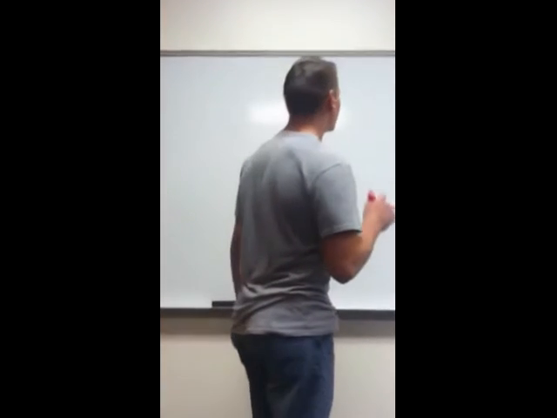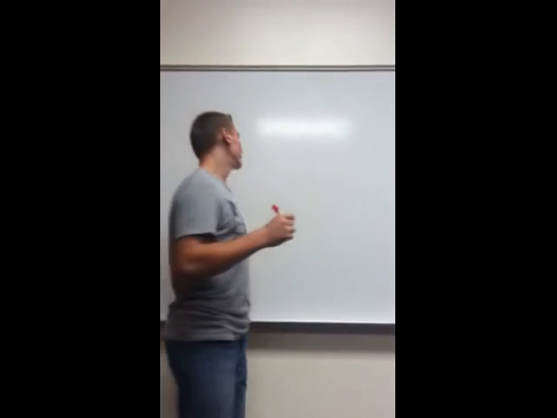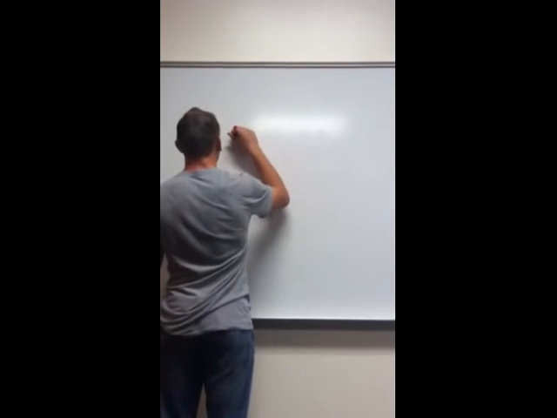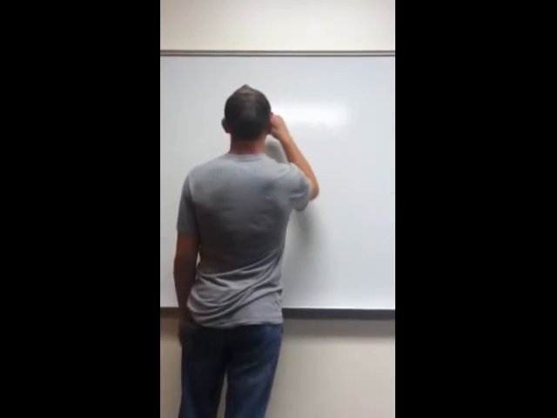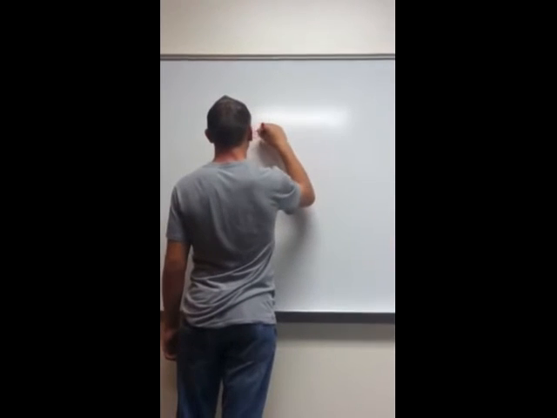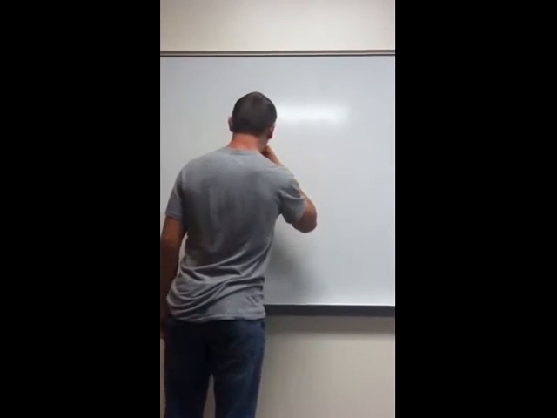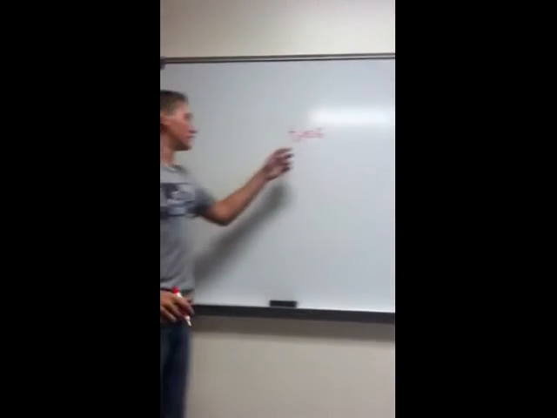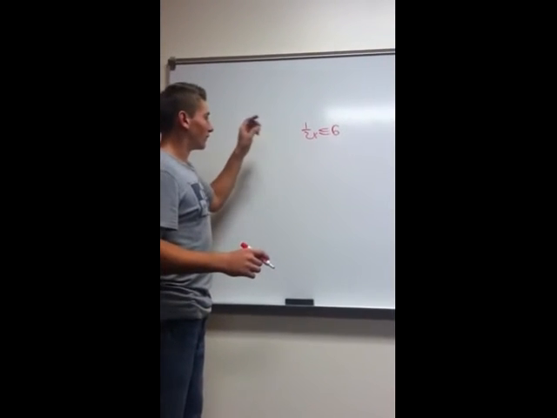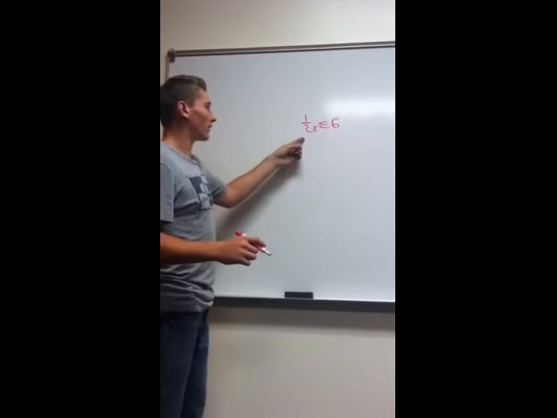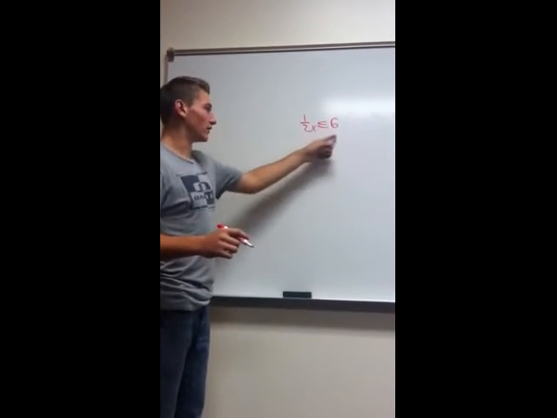Okay, so for number 3, it's a little bit different than the first 2 because you have a half. What that looks like is 1/2 x is less than or equal to 6. With this one, you have to get x by itself. To do that, you divide by 1/2 on both sides to keep it equal.